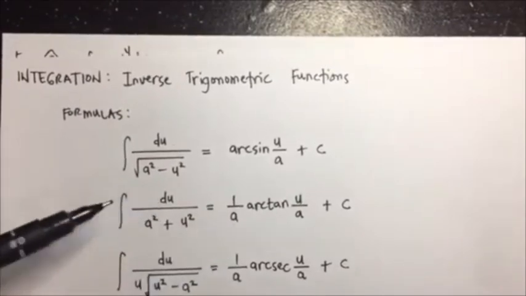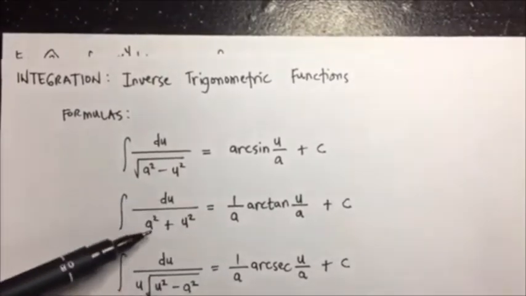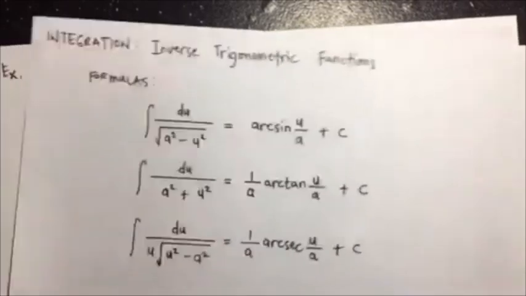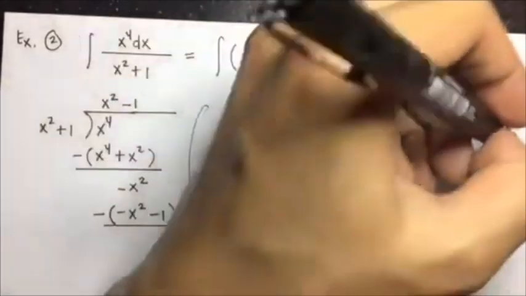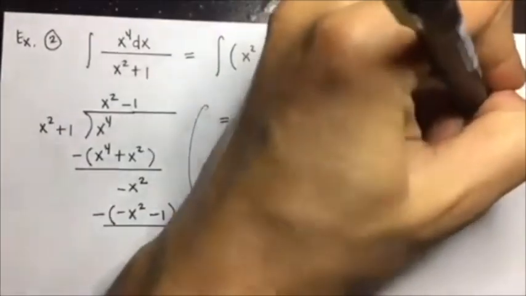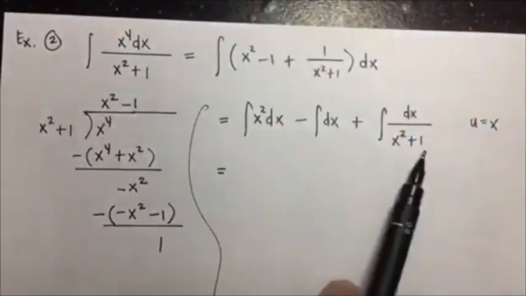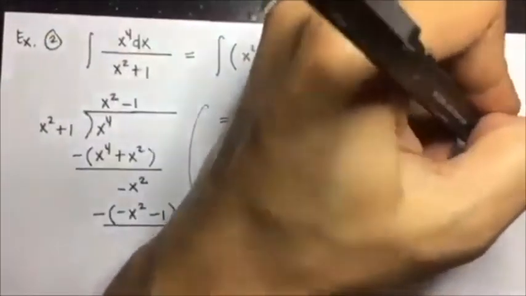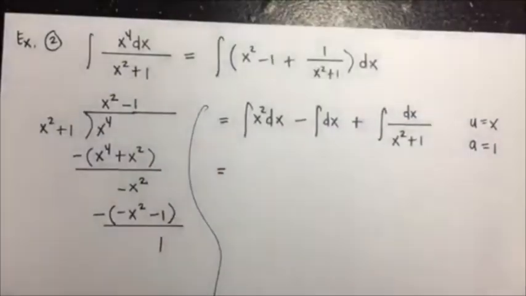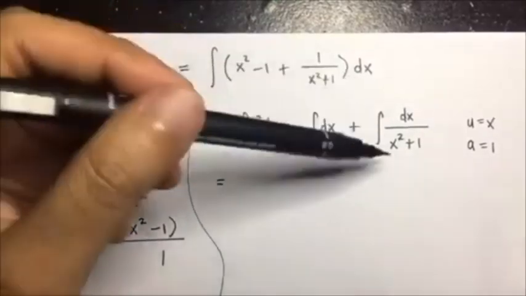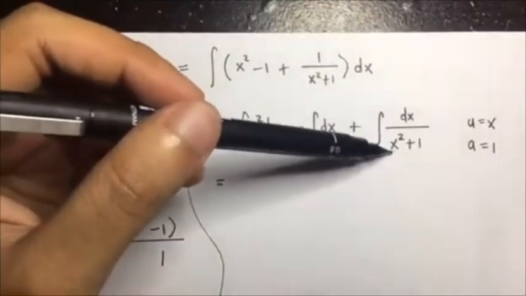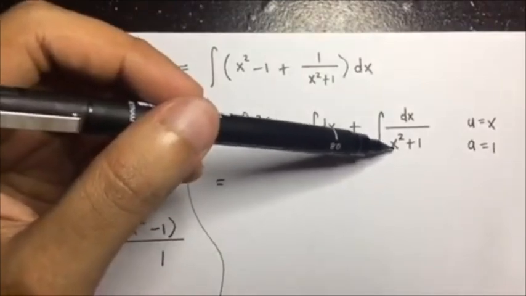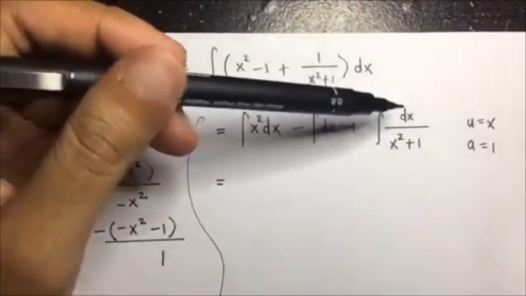This is in the form of du over a squared plus u squared, where our u here is x, and our a is equal to 1.